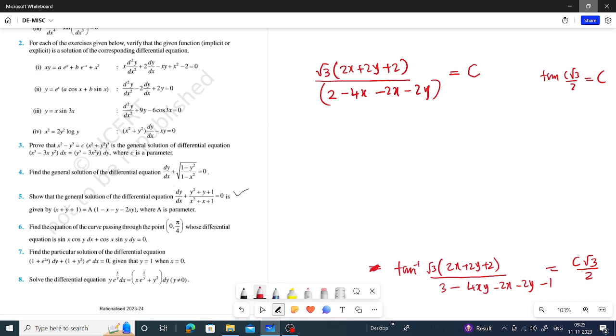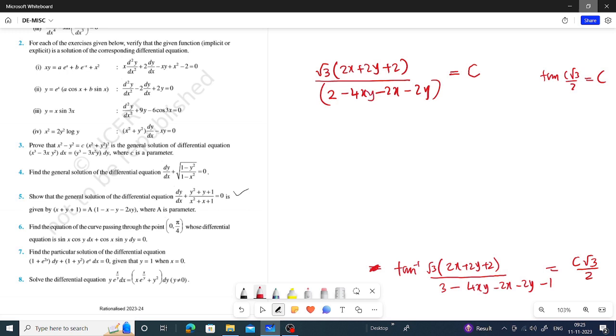Okay, what is our question? Our question, once again, you see, x plus y plus 1 is equal to a into, let us see whether we can make it in that form, 4xy here.